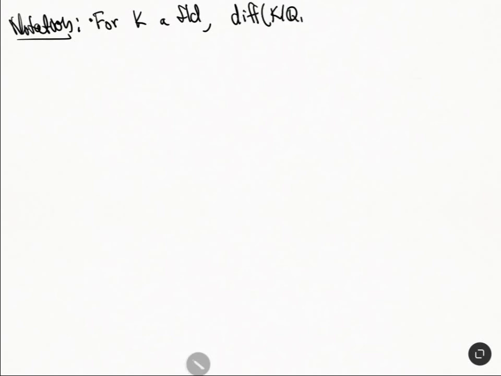To define what R is, I need to set up some notation. For K a p-adic field, we're going to define the different of K over Qp.